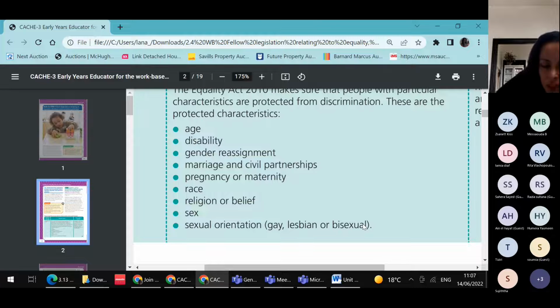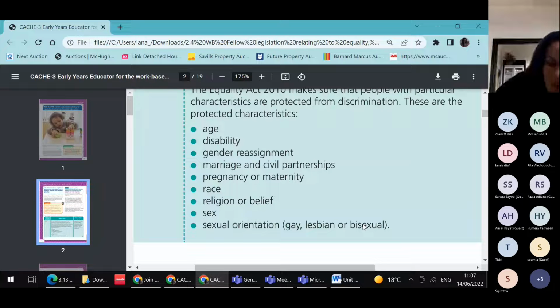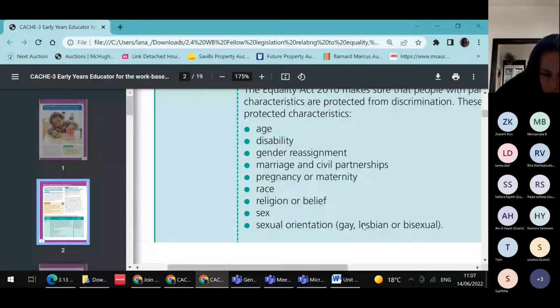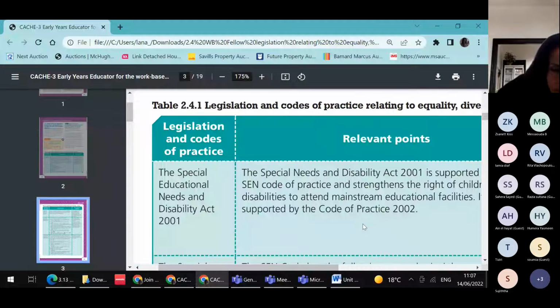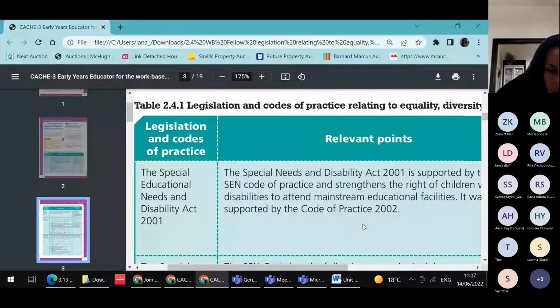We don't differentiate between people depending on their race, their religion, their sexual orientation, whether they are gay, lesbian. We treat everyone the same and give them the same opportunity. So that one, number one, affects the inclusive practice. Why? Because we want everyone to be included in our activities or in our policies.